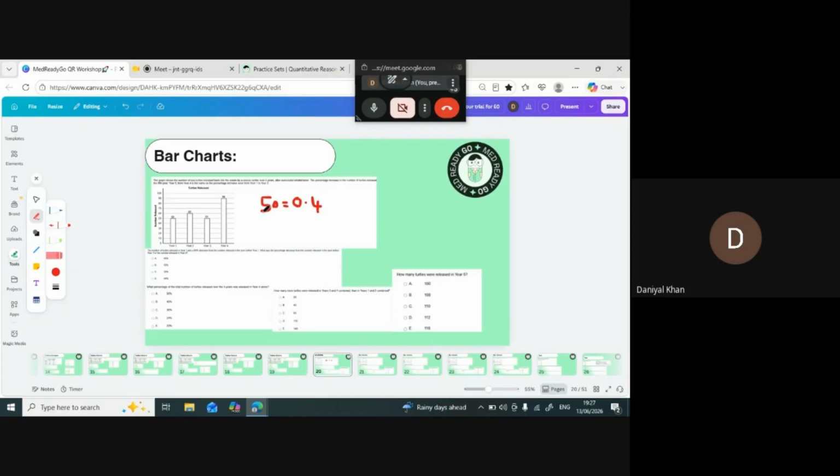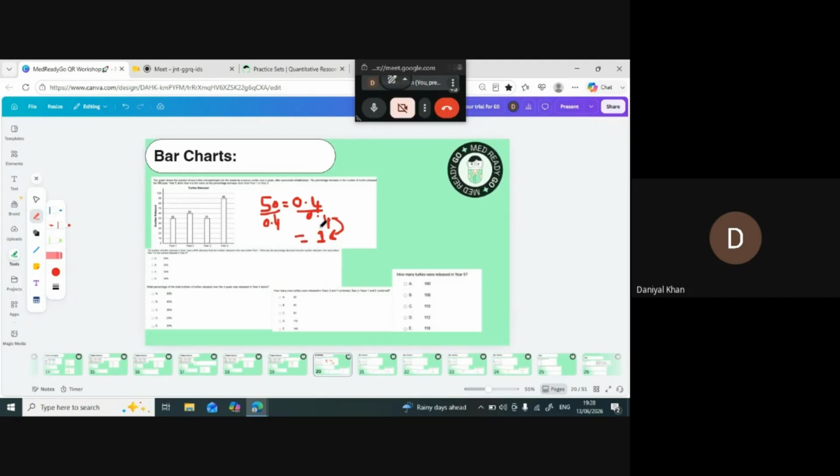What most people do is they'll times it by 10 to get it to 4 and then divide it by 4. Simply just divide this side by 0.4 and this side by 0.4 and you'll get your value, because this side will equal 1, and 1, as you know, as a multiplier is equal to 100%.